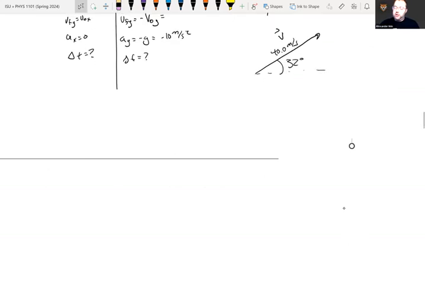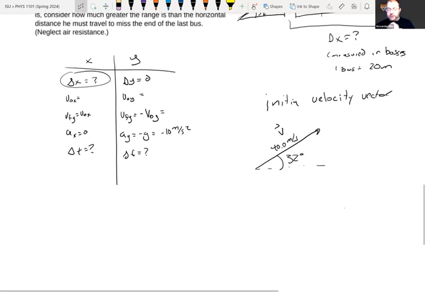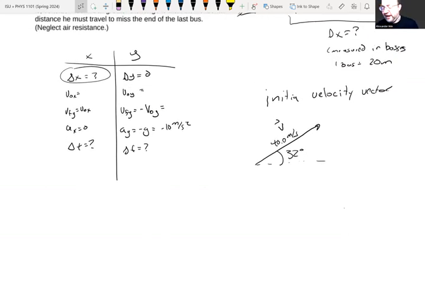Now, from here, in order to find your components, you need to break this into its X and Y components.